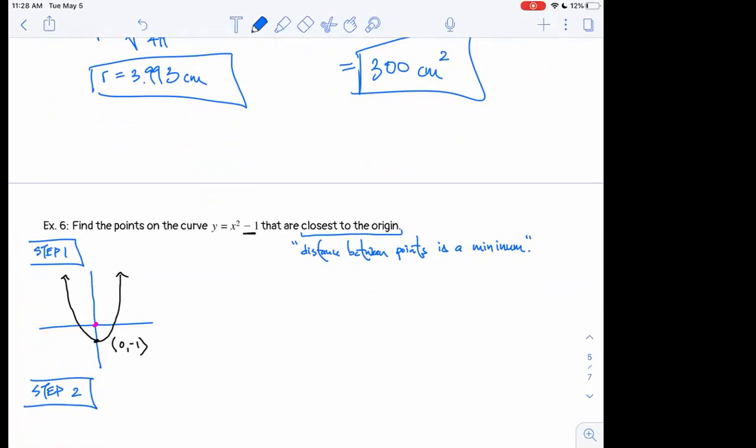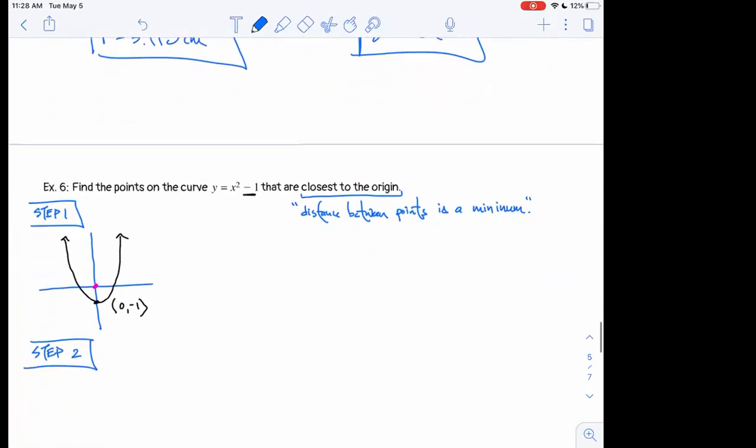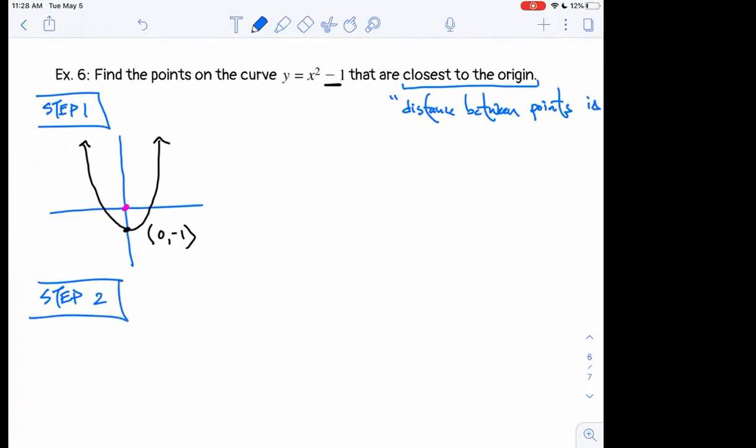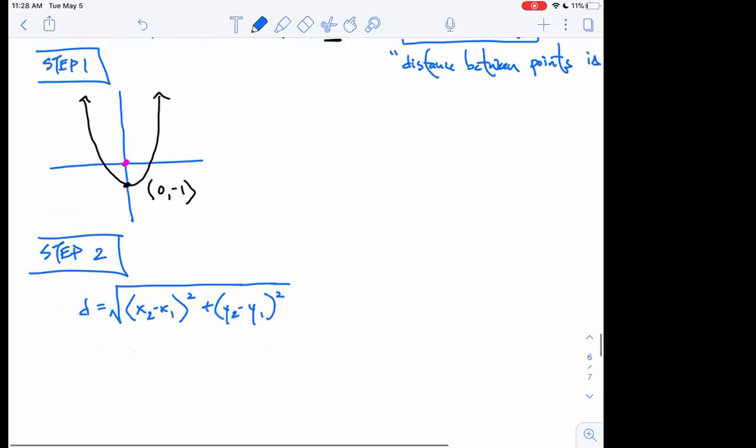All right. So the distance formula is probably a good one to remember. But if you don't remember it, the distance is the square root of (x2 minus x1) squared plus (y2 minus y1) squared. Okay.